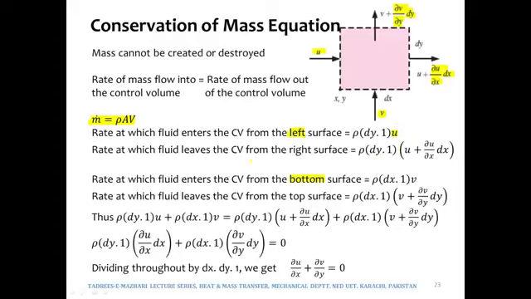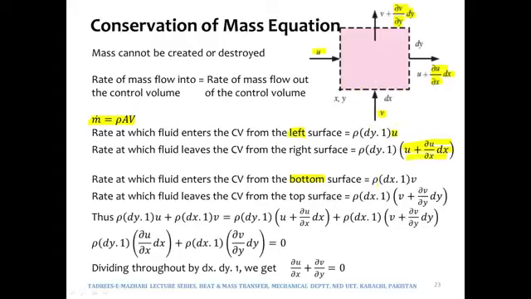Similarly, the rate at which the fluid would leave the control volume from the right surface would again be density area velocity. Density would remain the same, the area would also remain the same, however u would be written in this form as just discussed.